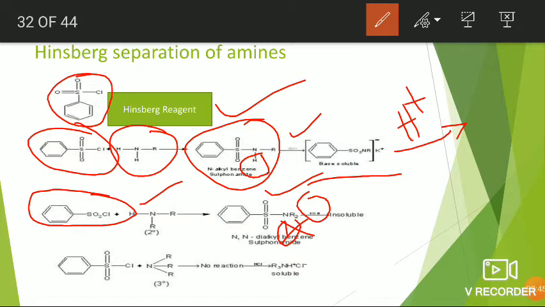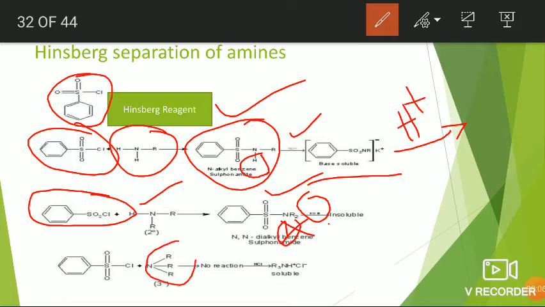This sulfonamide solution in ether is distilled to remove the ether, and then it is treated with acid followed by base to get pure secondary amine.